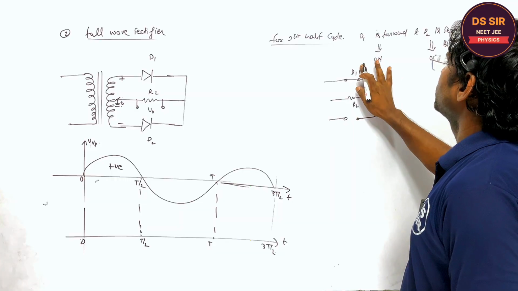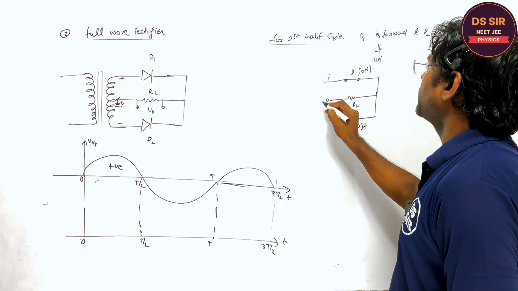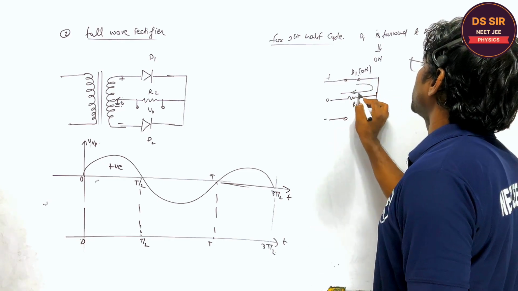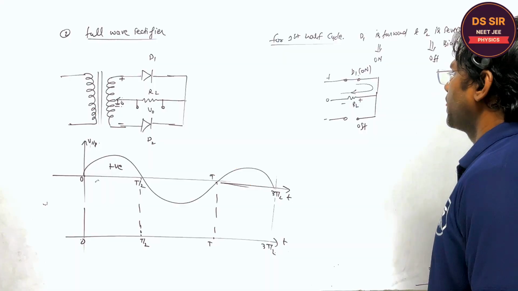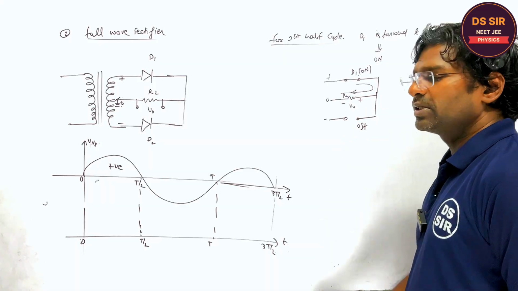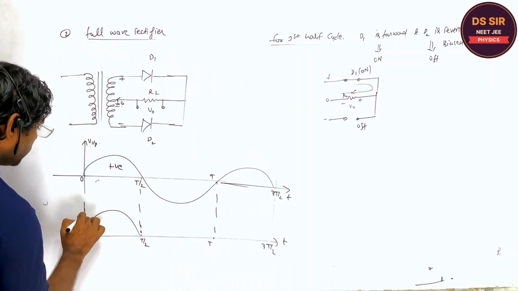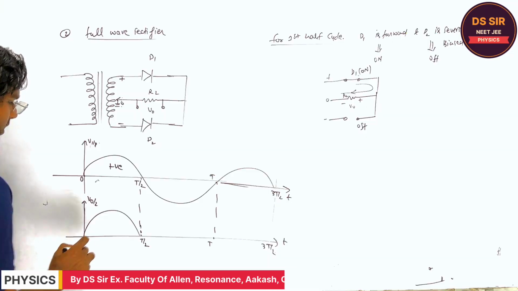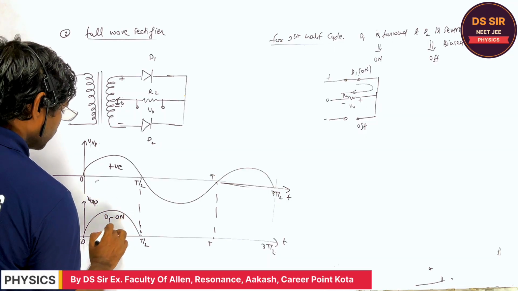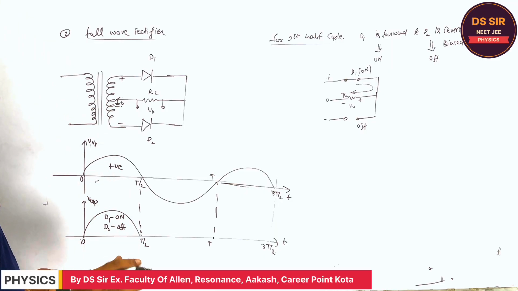In this case, this is plus, this is 0, this is minus, so current flows in this direction. So the output voltage is obtained across the load resistance in this way. D1 is on, D2 is off.